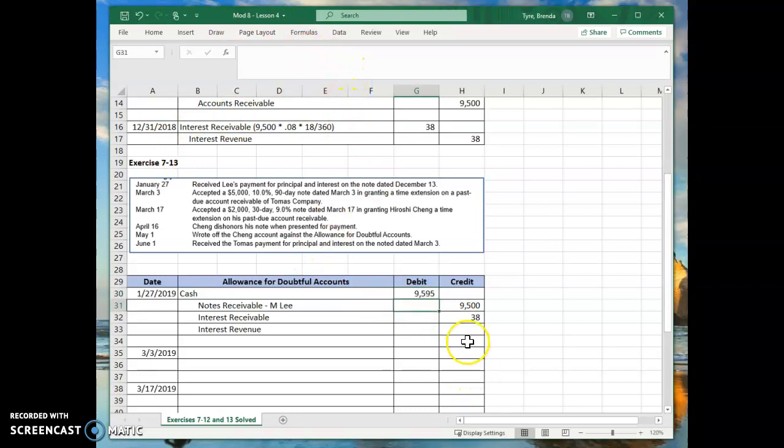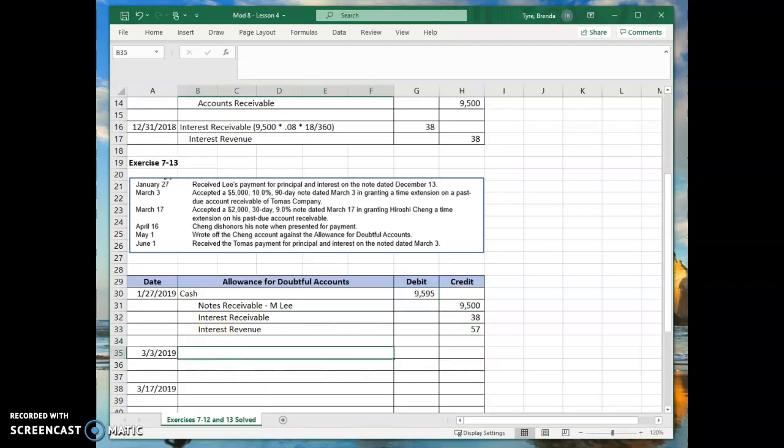Equals the amount of cash that I received. So now I know that my interest revenue for the remaining period is what is left over. $57.